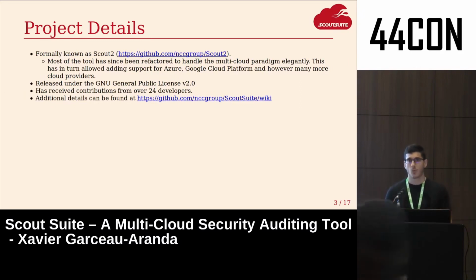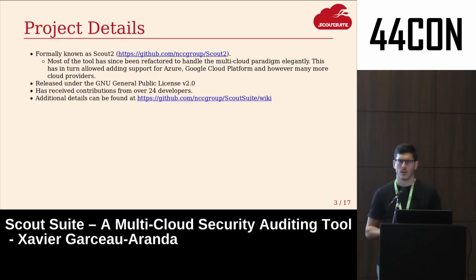I would say more than half of the code base changed to support that. The tool is released under GPL v2. It's received a bunch of contributions on GitHub. More than 24 people have contributed. And if you're interested in more details after the talk, on GitHub, the wiki has quite a lot of information.